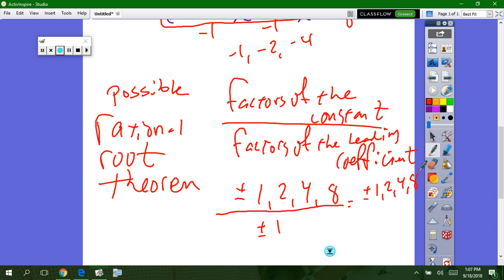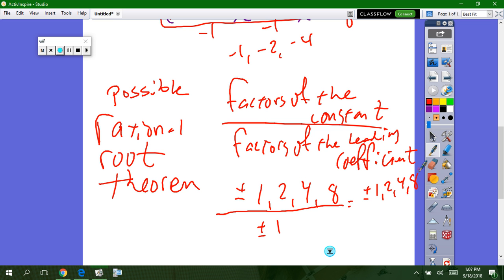So how many choices do I have for a possible rational zero? 8. How do I have 8? I have 1, 2, 4, 8, negative 1, negative 2, negative 4, negative 8. Does that make sense? Agree with me there?